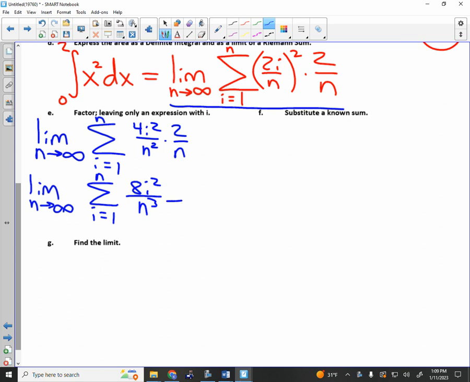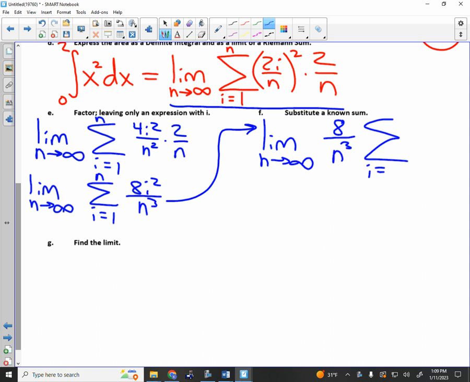Now I'm going to do something that's going to make you slightly uncomfortable. I'm going to factor everything out except for the i portion. So I'm going to write the limit as n goes to infinity of 8 over n cubed times the sum from i equals 1 to n of i squared. All I did is write the 8 over n cubed out front.